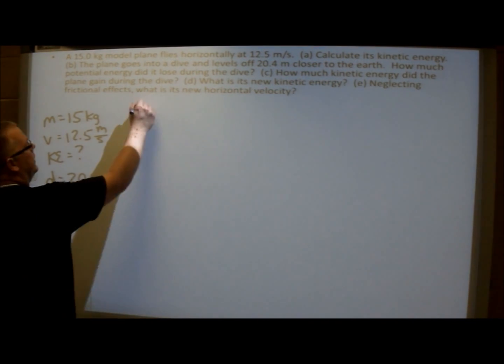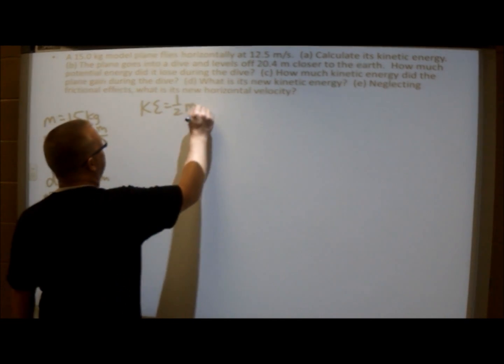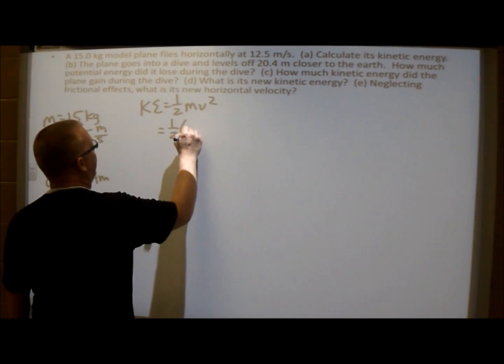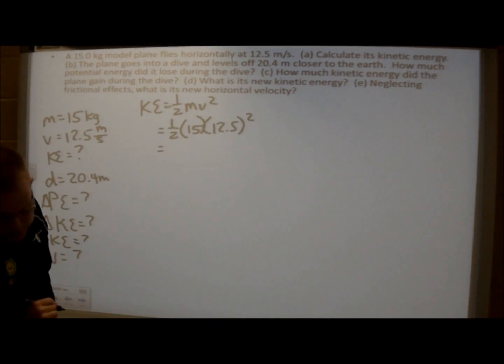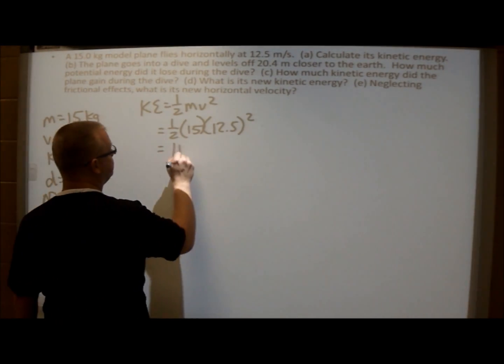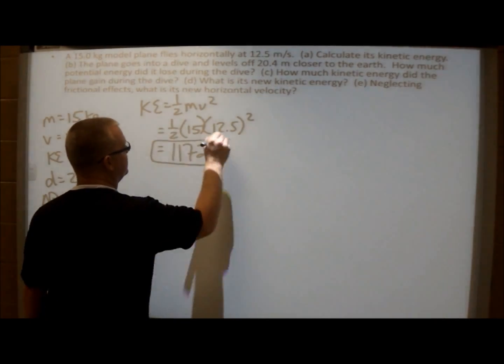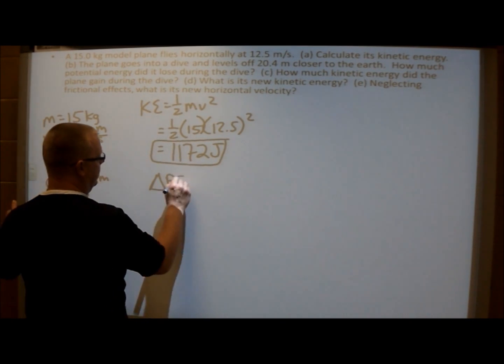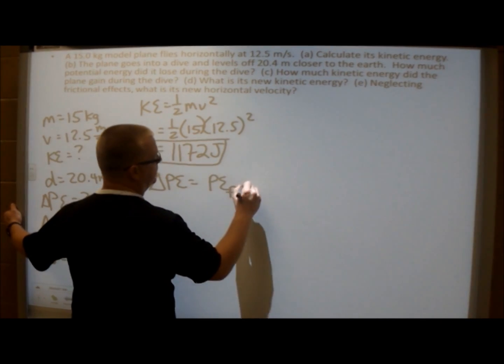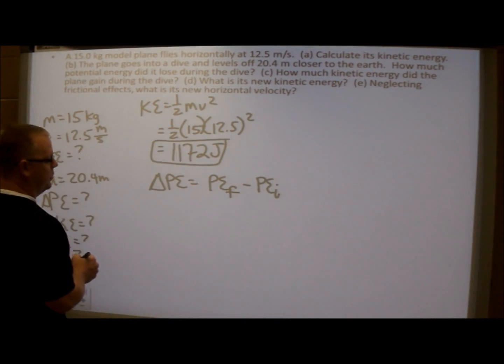Alright, well, kinetic energy. Kinetic energy is 1/2 mv squared. So we're going to have 1/2 times 15 times 12.5 squared. So our kinetic energy is going to be 1172. That's the answer to A. B wants us to find the potential energy that it lost in the dive. Well, the change in potential energy is going to be the final potential energy minus the initial potential energy.